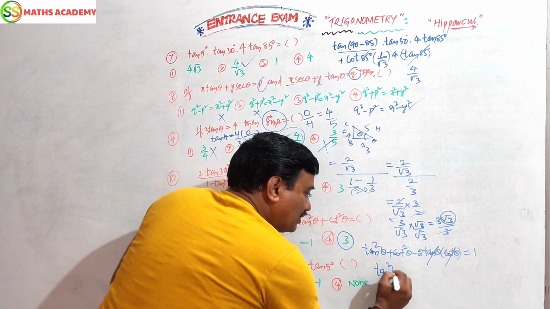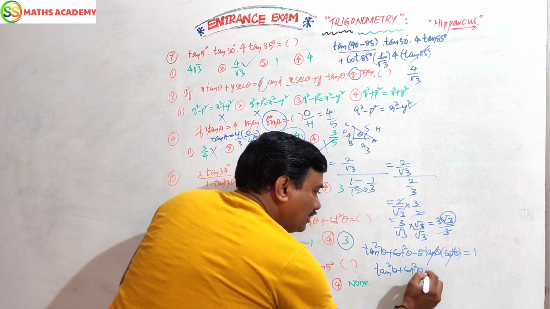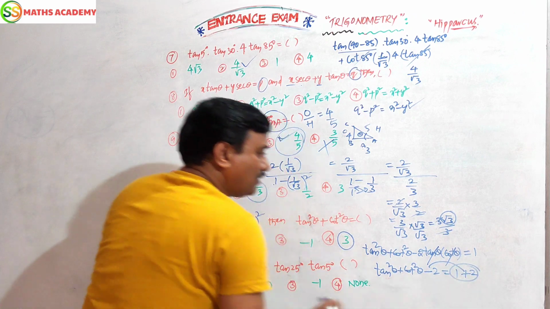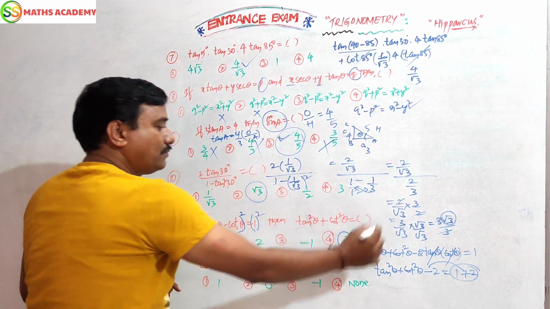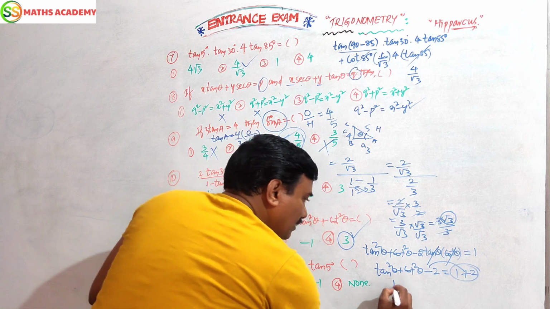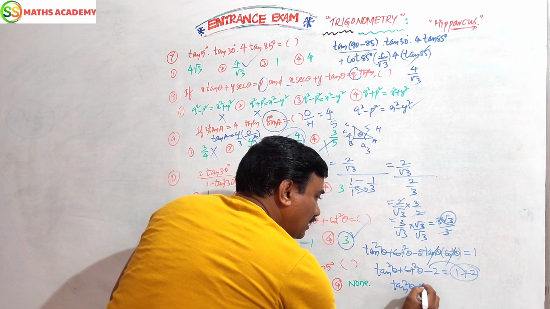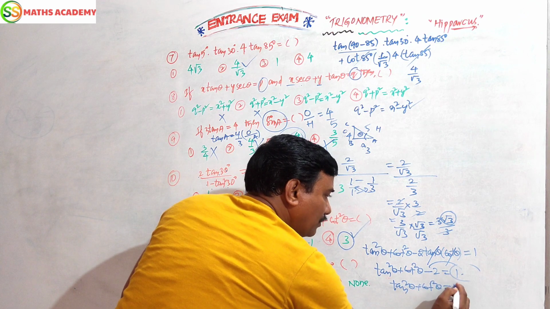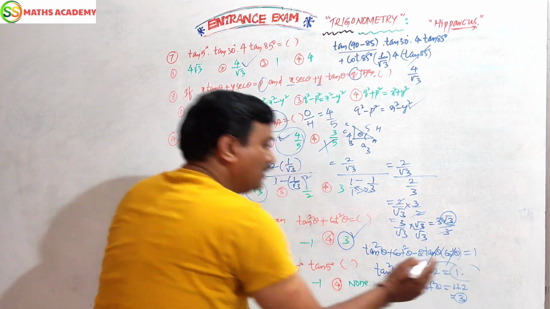Now tan square theta plus cot square theta minus 2 equals 1. Transfer the minus 2 to the right side, it becomes plus 2. 1 plus 2 is nothing but 3. This is the complete answer.